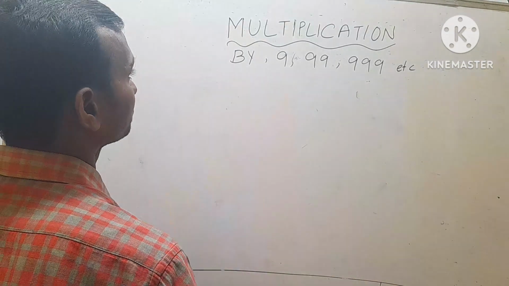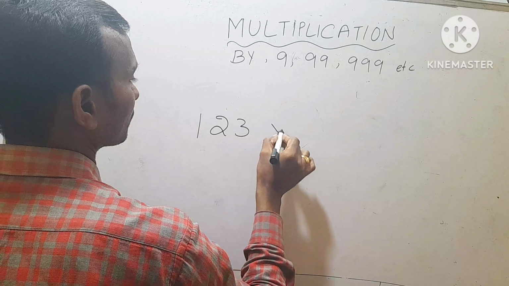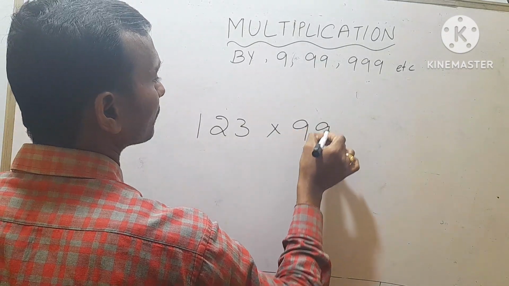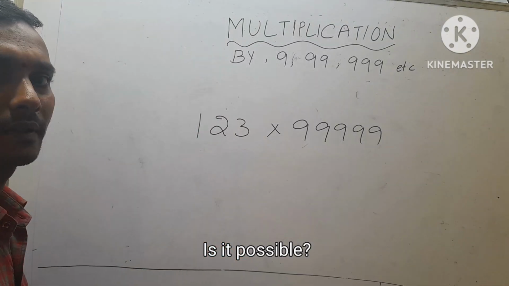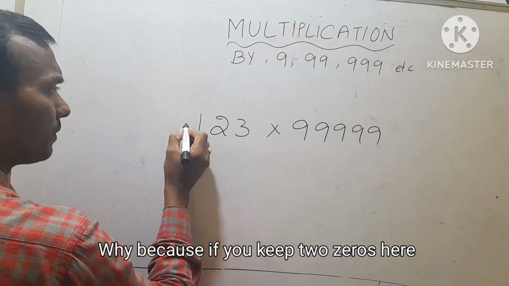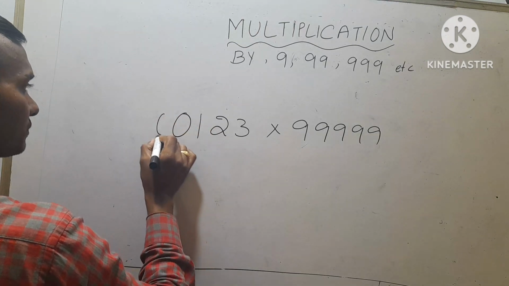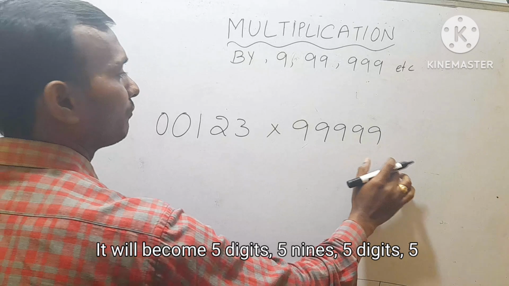Next, one more question. Is it possible? Yes, it is possible. Why? Because if you keep 2 zeros here, it will become 5 digits, 5 9s.